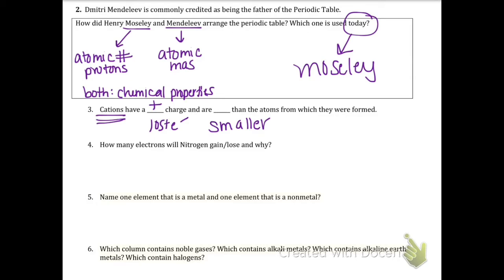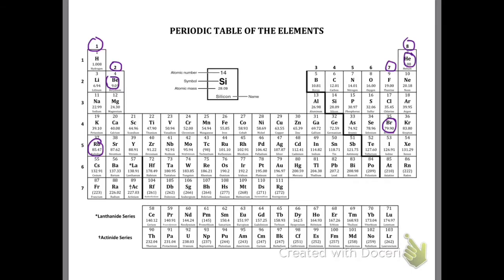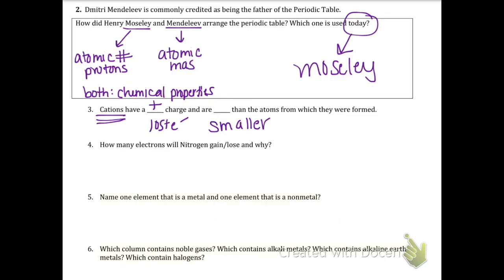All right, it says how many electrons will nitrogen gain or lose and why? Okay, so here's a different element. If we look at the periodic table over here, nitrogen has 5 valence electrons, 1, 2, 3, 4, 5, right?